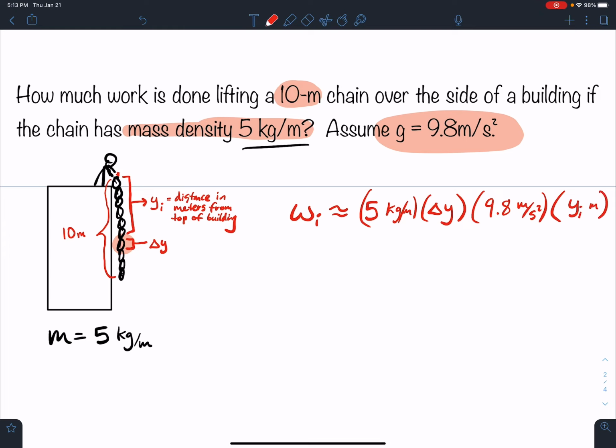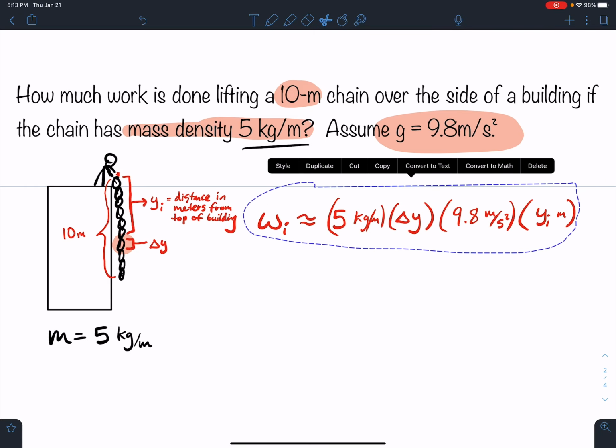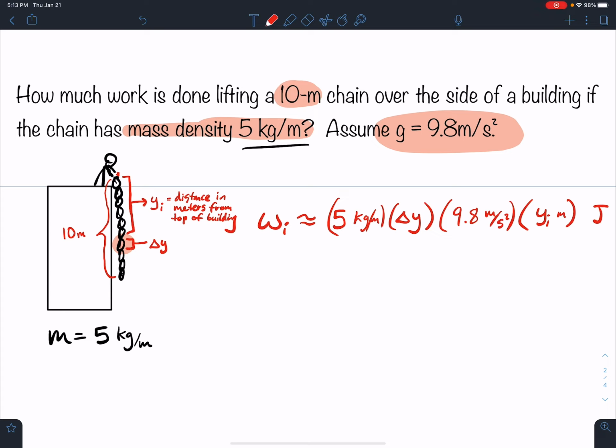Remember that work here is measured in newton meters, joules. So this is reduced to 5 times 9.8 times yi delta y joules.